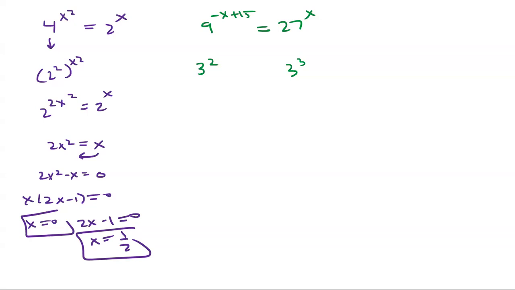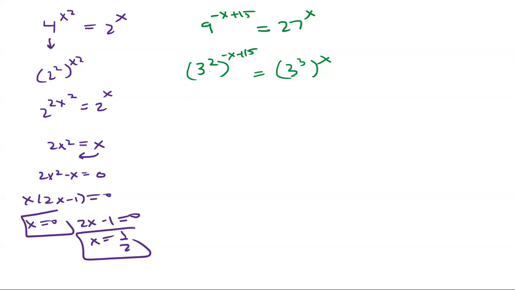Well, again, this is still being raised to the negative x plus 15, and this is still going to be raised to the x power. So we're just going to include those. So we have 3 squared raised to the negative x plus 15, and then this is going to be raised to the x power.